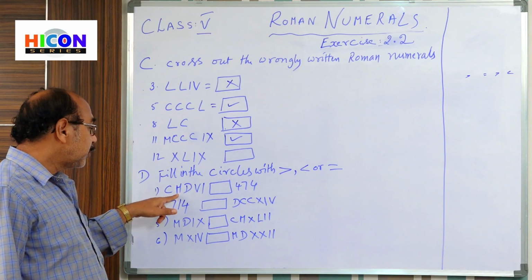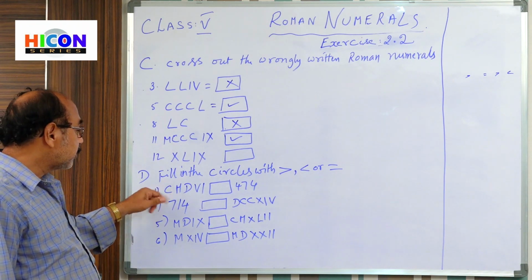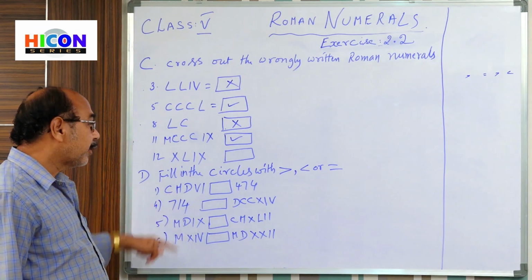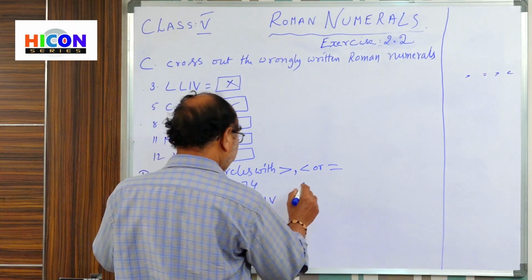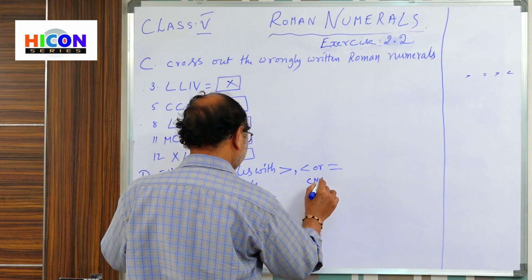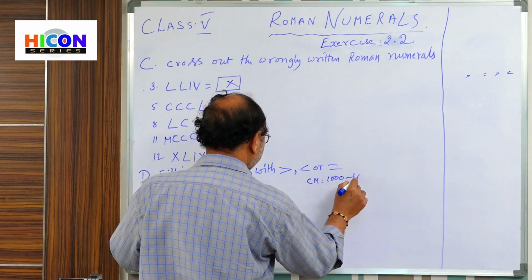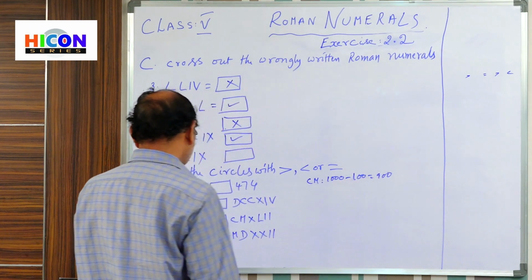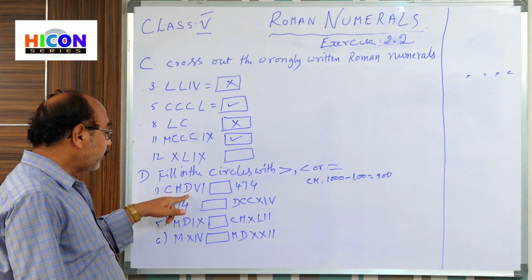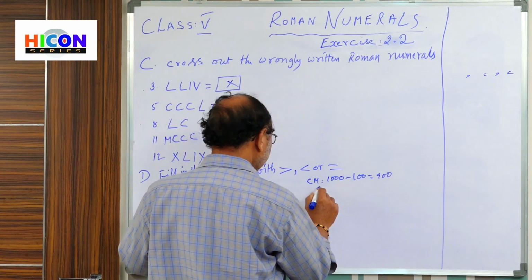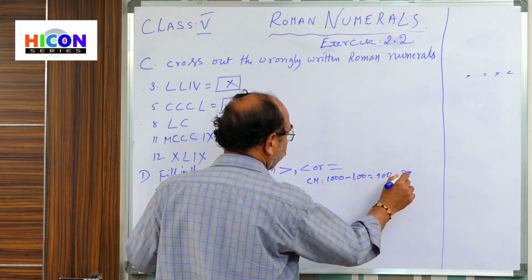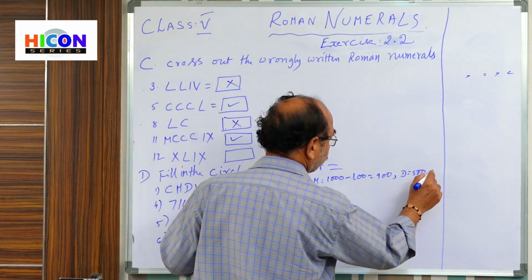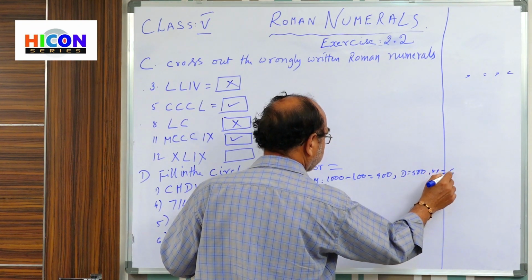You know that CM means what? CM means 900. Why? Because it is 1000 minus 100, which is 900. D means 500. And VI for 6.